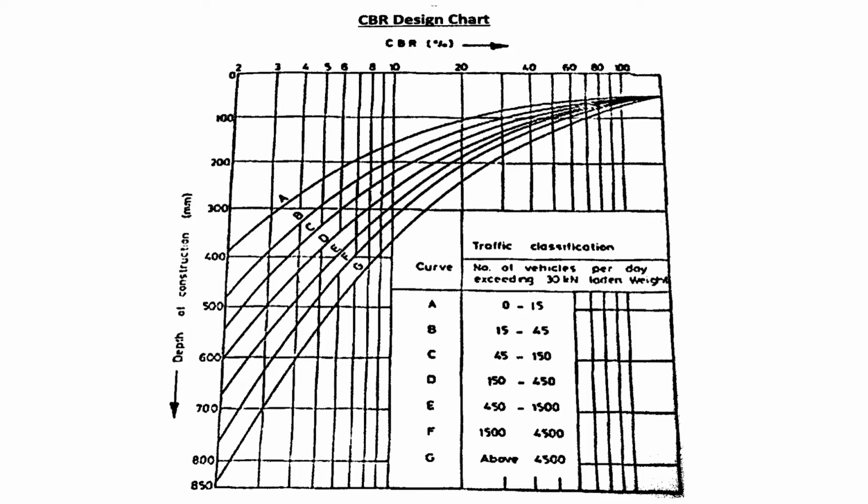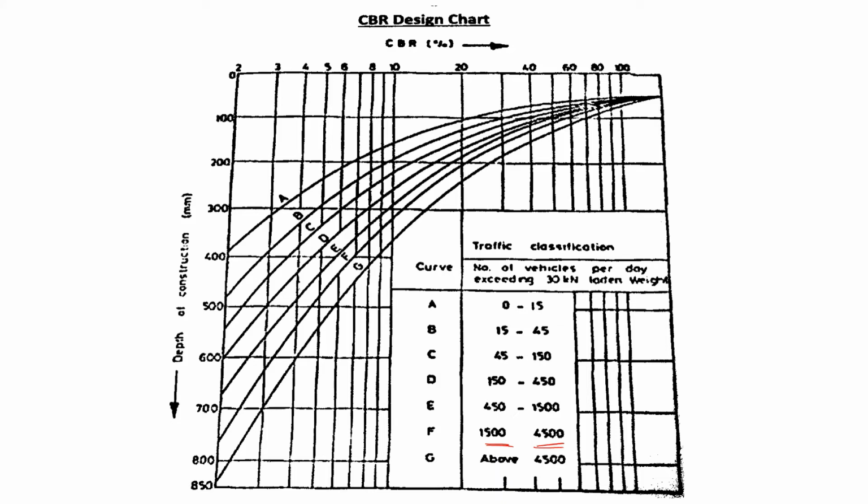Look here, curves A, B, C and several curves are given with the corresponding number of vehicles. We need to choose our curve. Since 1837 is between 1500 and 4500, this is our curve, curve 7. We need to consider curve 7 for our design.